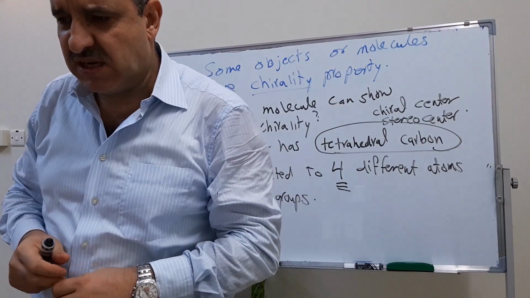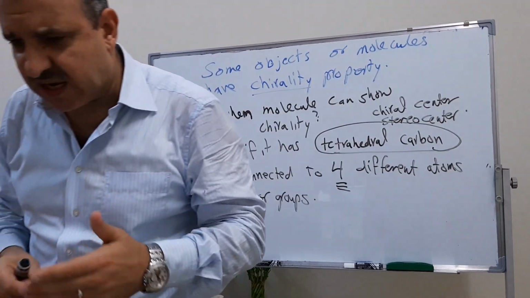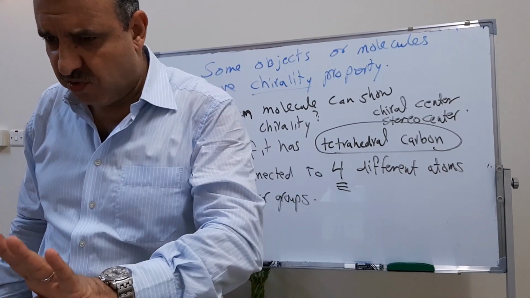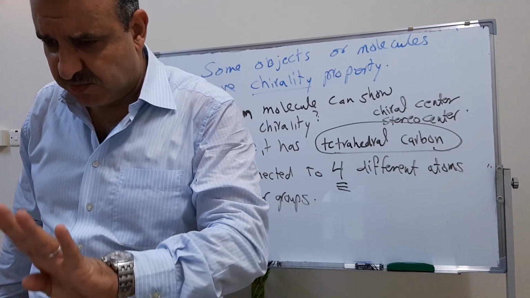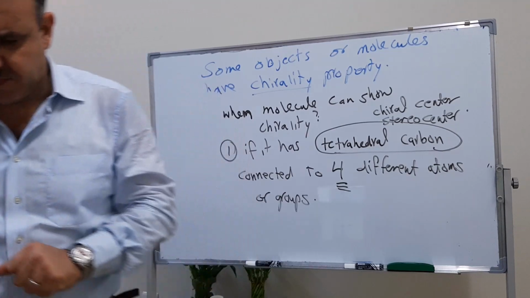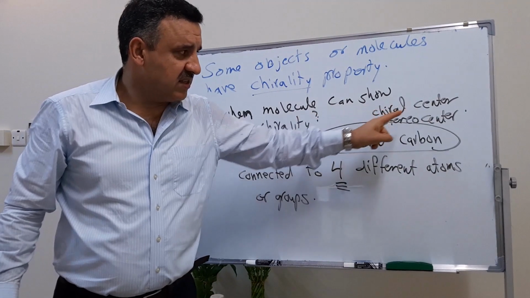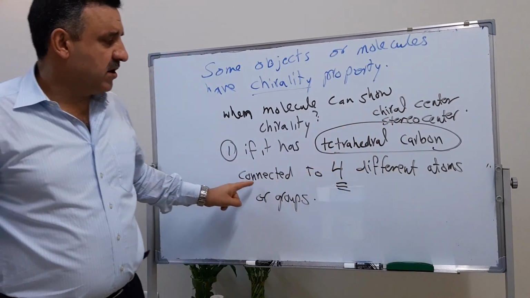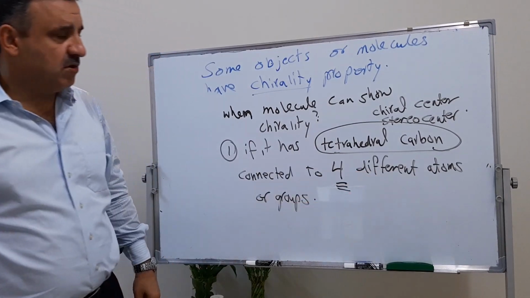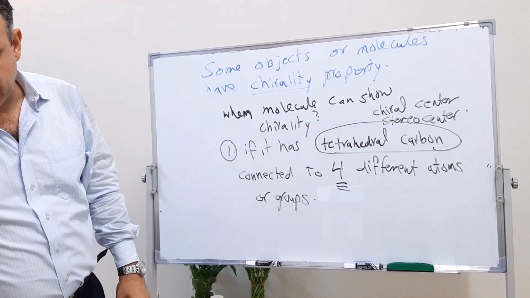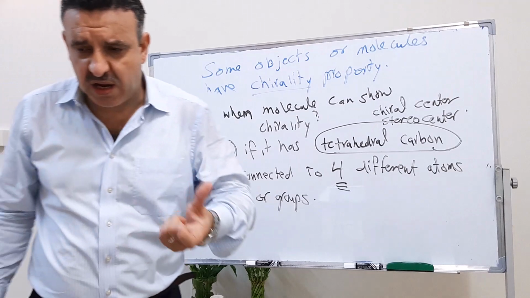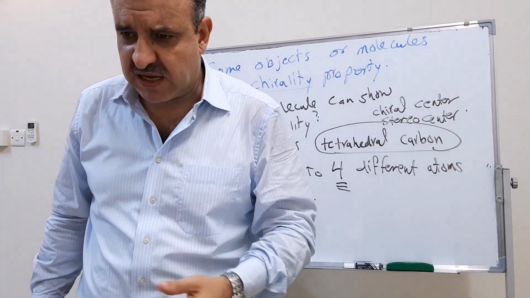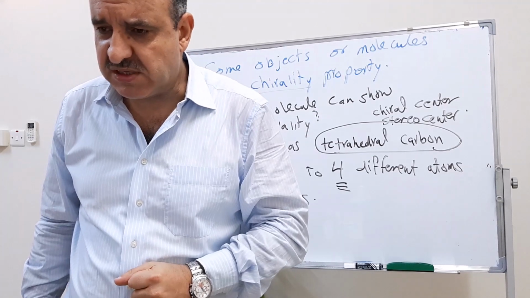It's a tetrahedral carbon connected to four different atoms or groups. Do you follow me? So this is one way to guess if a compound contains the chirality property or not.